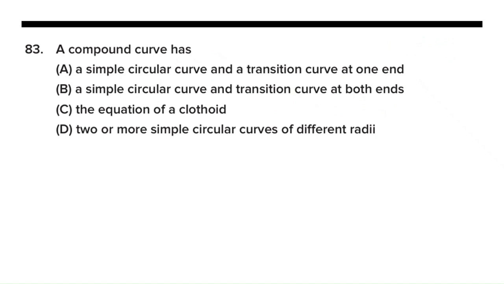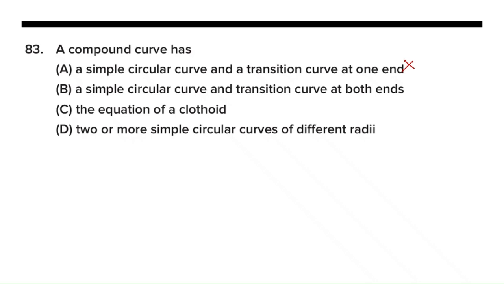Next question. A compound curve has options: a simple circular curve and a transition curve at one end. This is the definition of a transition curve, not a compound curve.